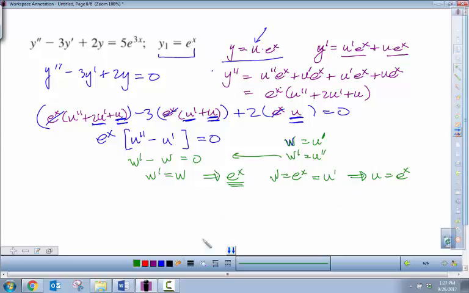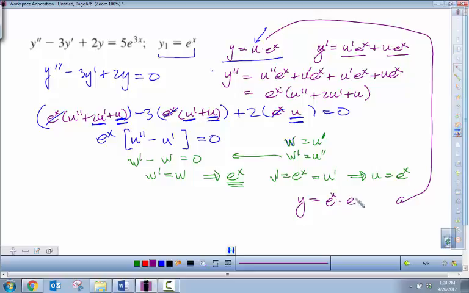Remember, our second solution would be y is equal to u, e to the x, times the first solution.